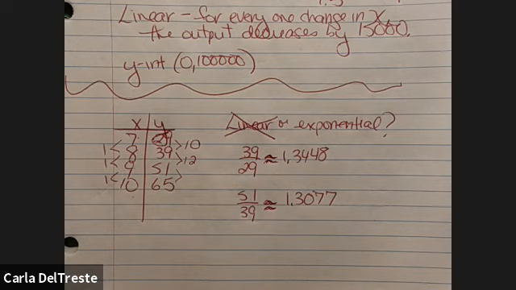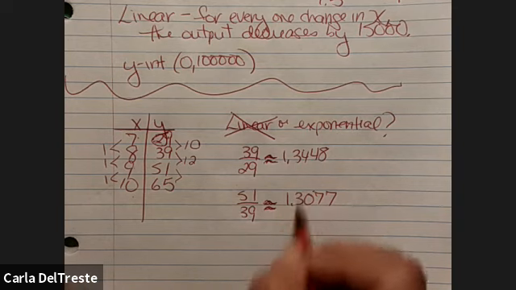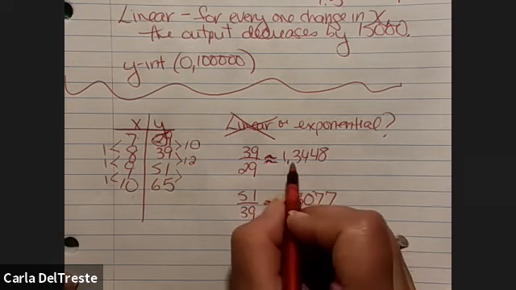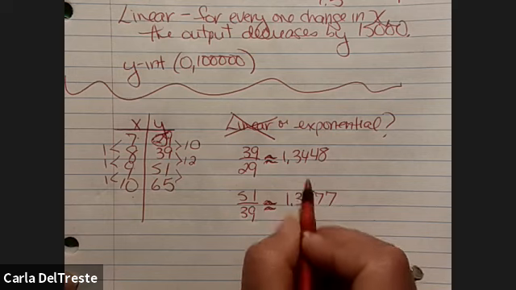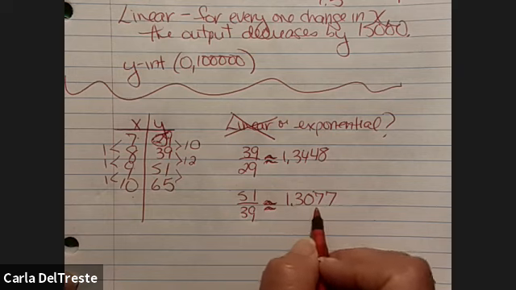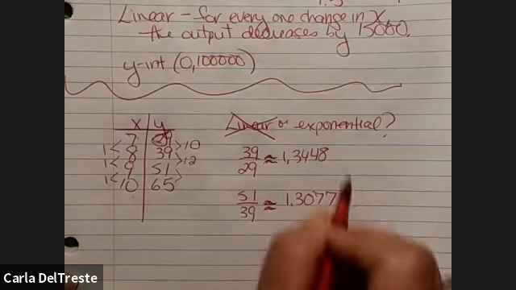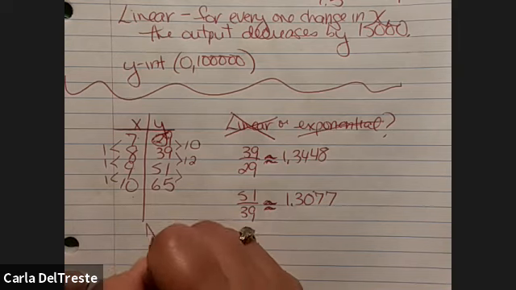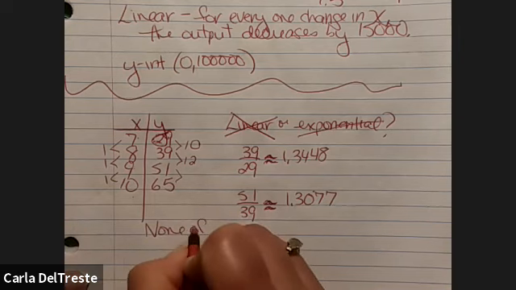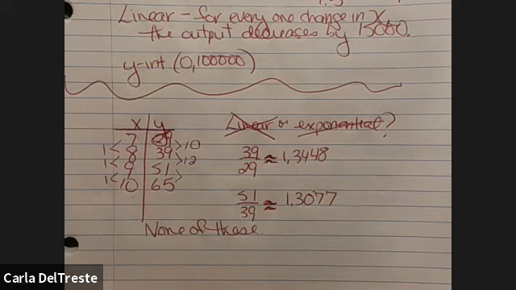Are those the same multiplier? They don't look the same to me. They're pretty close, 1.344, 1.3, but it's not the same. There's a difference here. So if this is not the same multiplier, then it's not exponential either. And all I can say here is that it's none of these. I don't know what kind it is, but it's neither of those, and I can't make any other statement there.